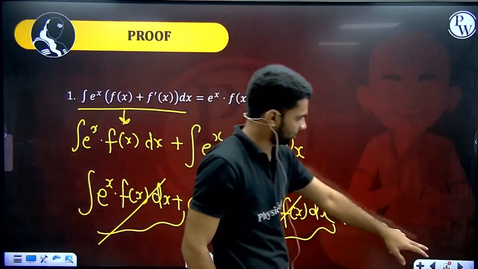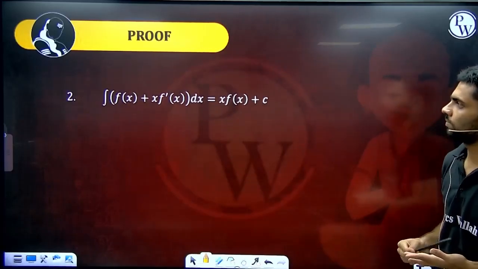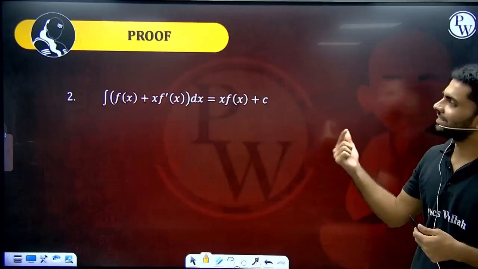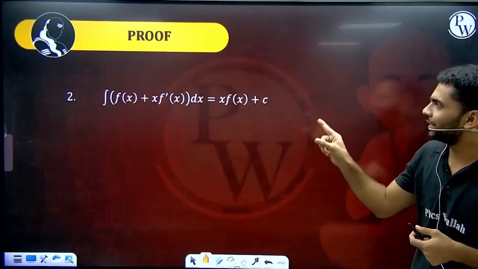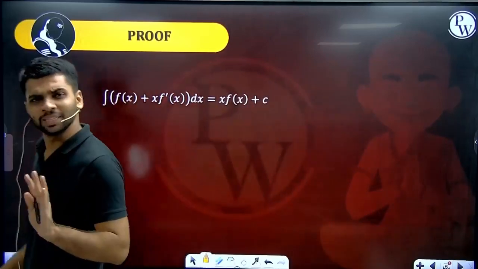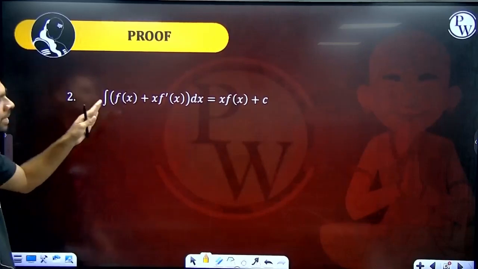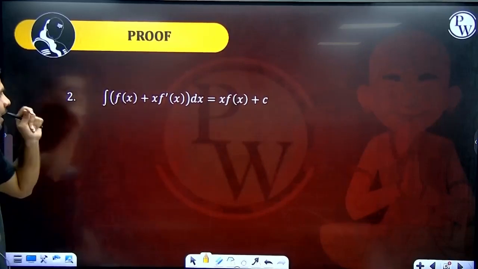Now next, I will again suggest you to pause it and try it by yourself. Okay? Because same thing, same funda that we used in the previous pattern, same funda we'll use to prove this second pattern.